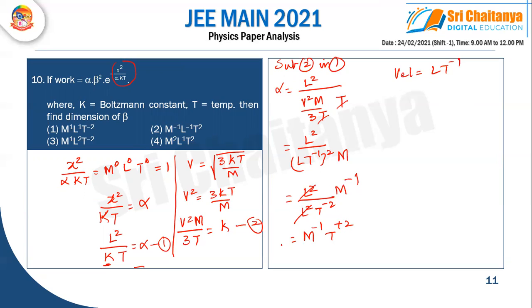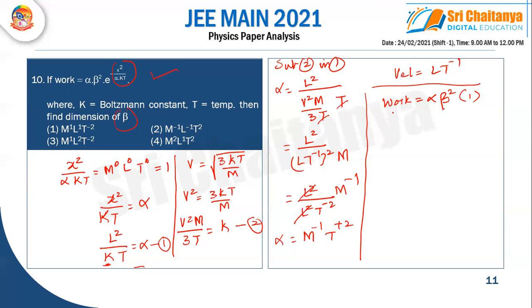So now we got the alpha value, and we need to look into beta because he's asking the dimensions of beta. The question says that work is equal to alpha beta square, and the exponential part is just a dimensionless quantity, for that reason I put it.